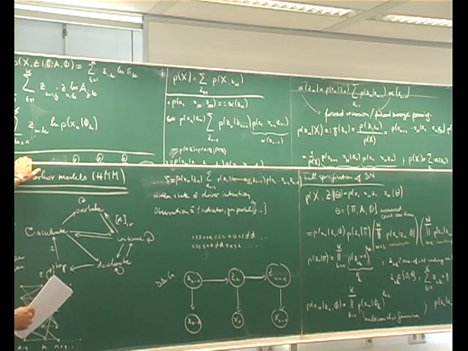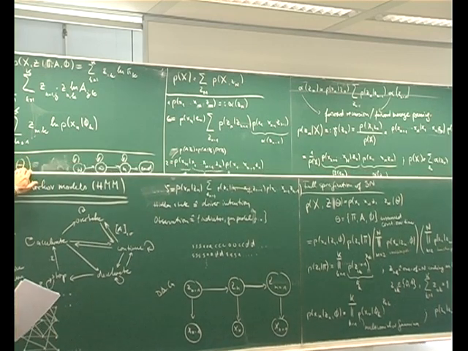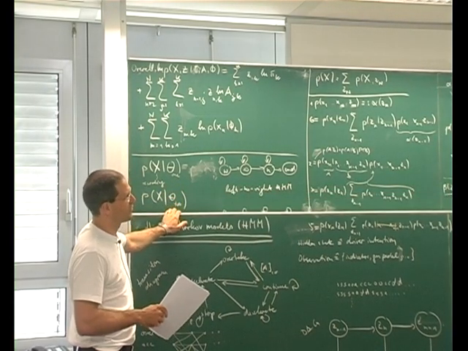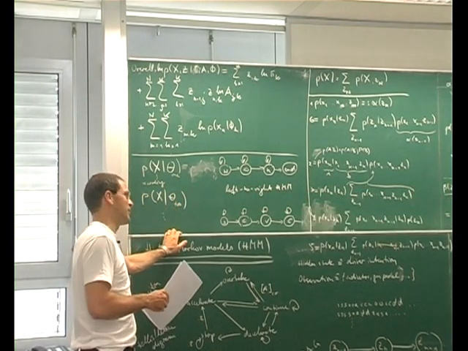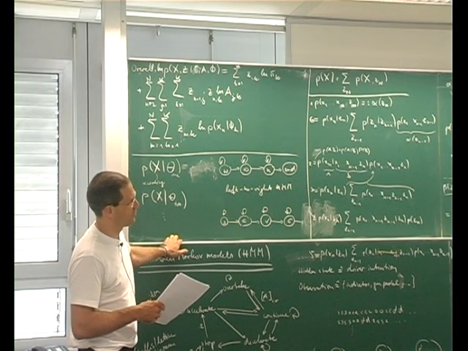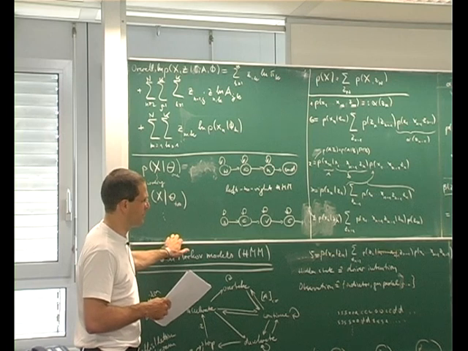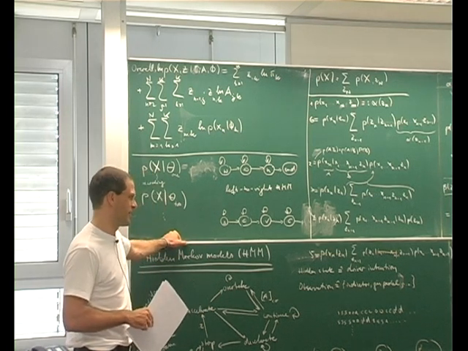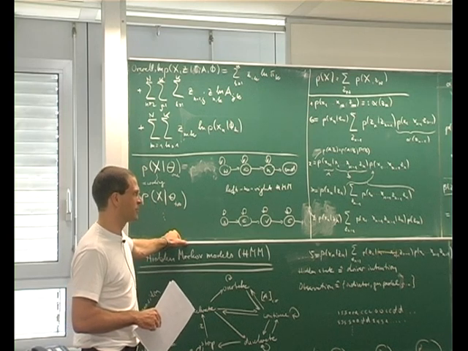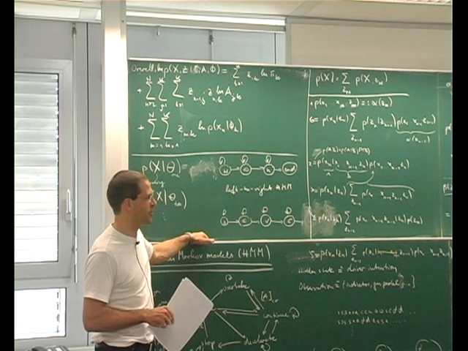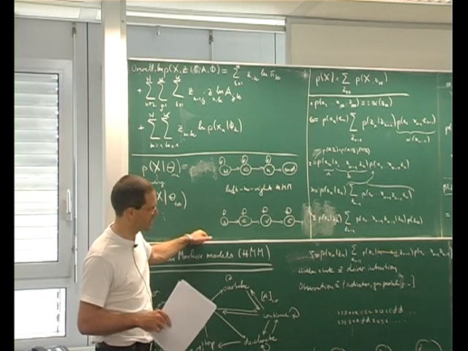And these recursions will strongly remind you of the message passing that we've seen in dynamic programming. So they allow us to play a trick and beat the computational complexity of the problem. And these recursions are at the heart of why hidden Markov models are so popular and so successful, because they are tractable.